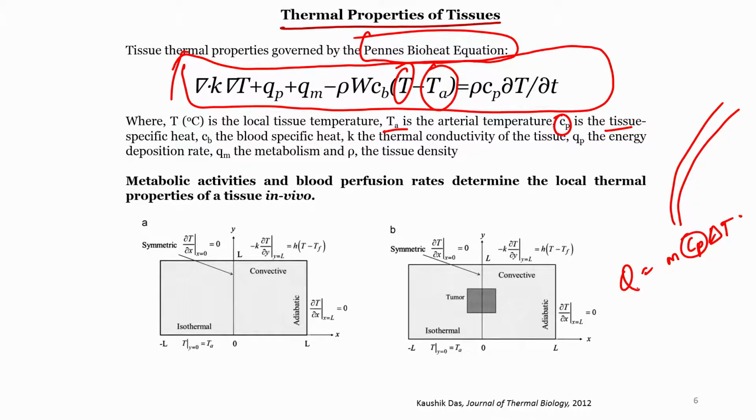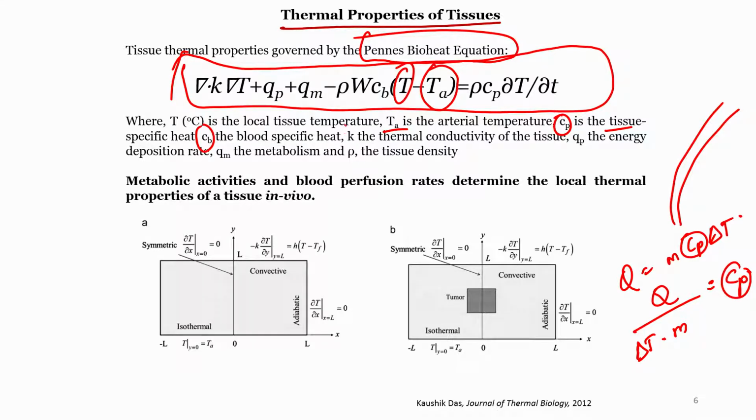It is the increase in heat energy per unit rise in temperature per unit mass of the quantity. So that is the specific heat capacity of the tissue, that is Cp. Cb is the specific heat capacity of the blood. Why blood is coming in here we will see.